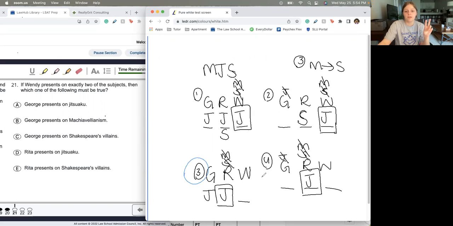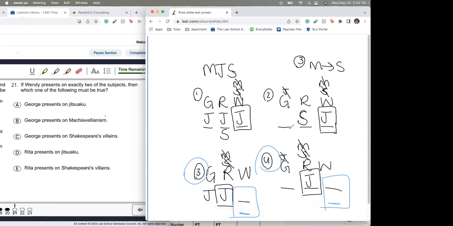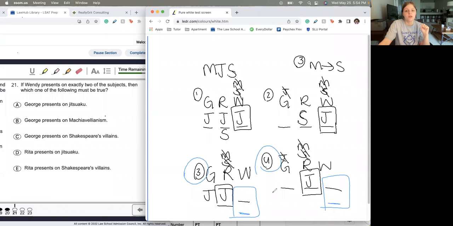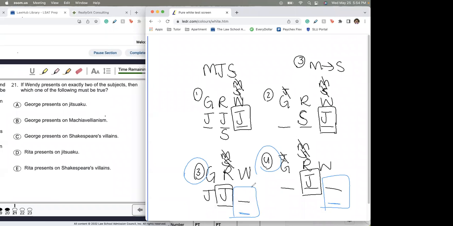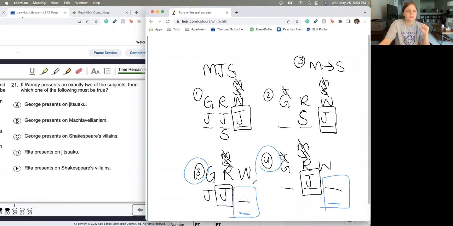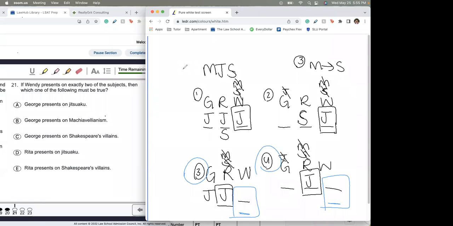So it's only happening in 3 and 4 where I can have 2 spots in W. Okay, yeah, because M and S can't go on W in the first one, so that's out of the question. So I just need to know how to approach this at first. Yeah, it just means you're looking for where 2 spots could be happening. The subjects, or the variables it's referring to, just means that we have exactly 2 of them in there. Okay, so that makes more sense.